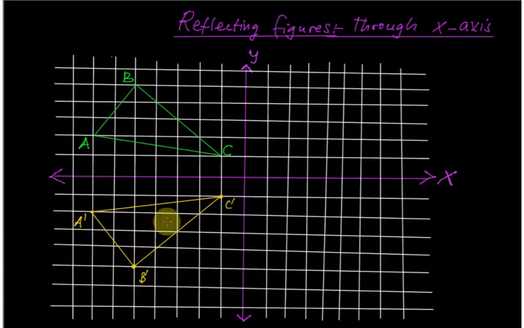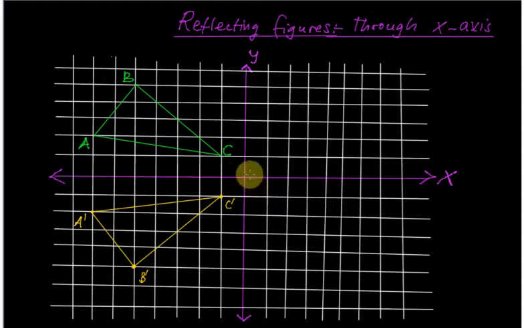Now as you see, this image is exactly the same as the object, and the distance apart is the same for each point: 1 unit, 1 unit, 2 units, 2 units, 5 units, 5 units to the line of reflection.